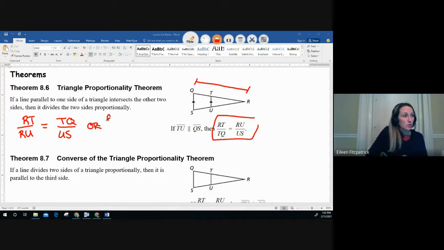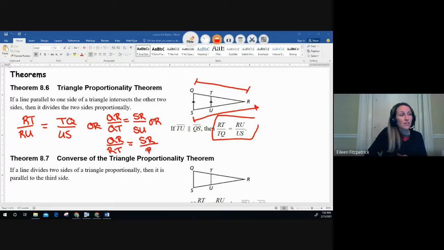So I could say that QR to, let's say, QT is equal to this entire length here, SR, to SU. Or you could say the entire length, QR, to the top piece here, RT, is equal to the whole thing, SR, to the top piece, RU. So there's lots of different proportions that can be formed based on this theorem.